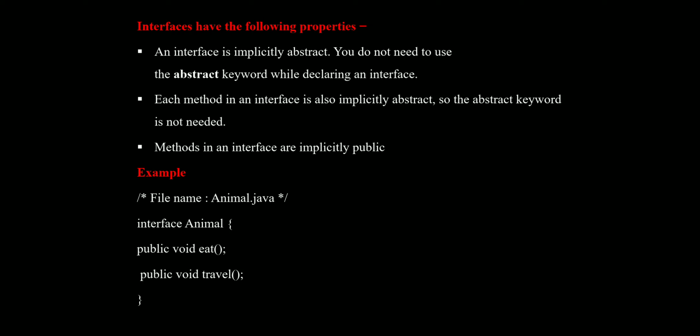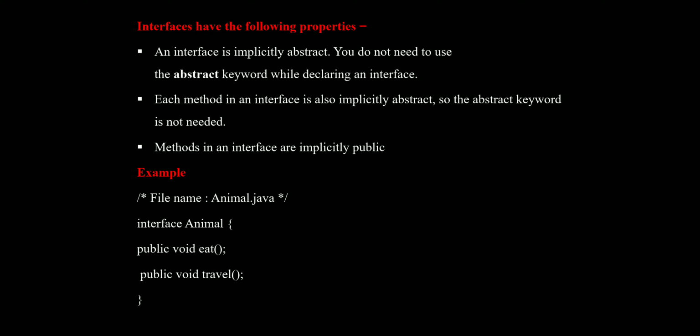Next, an interface has some of its own properties. An interface is implicitly abstract. You don't need to use the abstract keyword while declaring an interface. If we declare an interface, by default those variables and methods are abstract. We need not declare the abstract keyword for them.